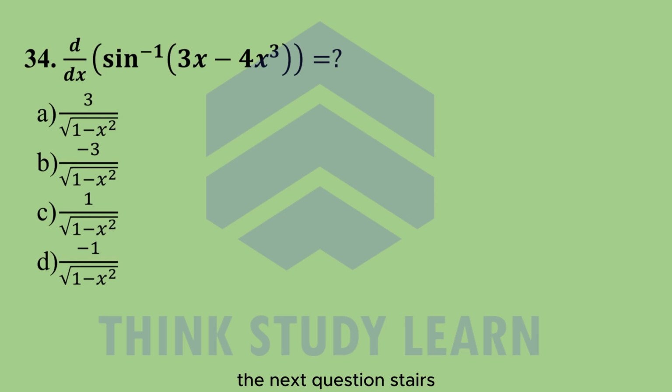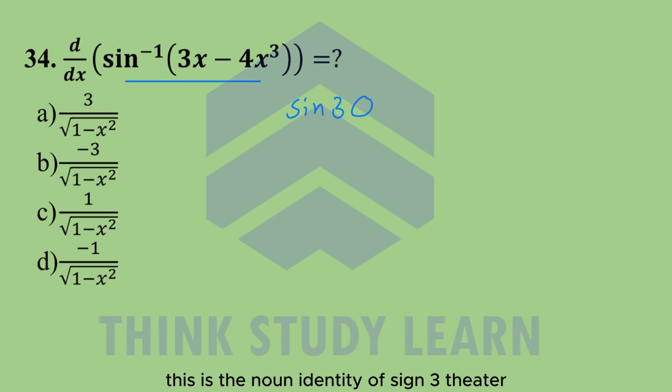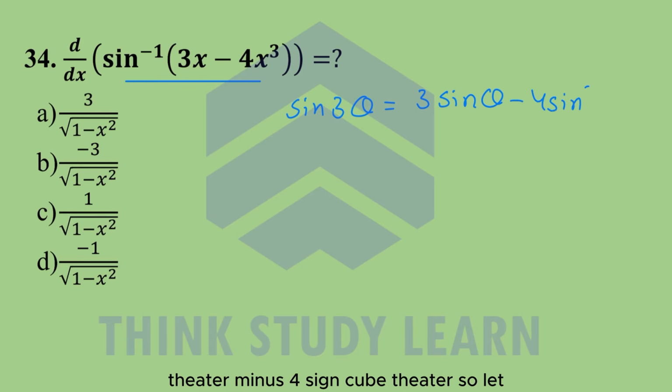The next question states: find the derivative of sine inverse of (3x minus 4x cube). So if we look at the equation given to us, this is the known identity of sine 3 theta. So sine 3 theta is equal to 3 sine theta minus 4 sine cube theta.